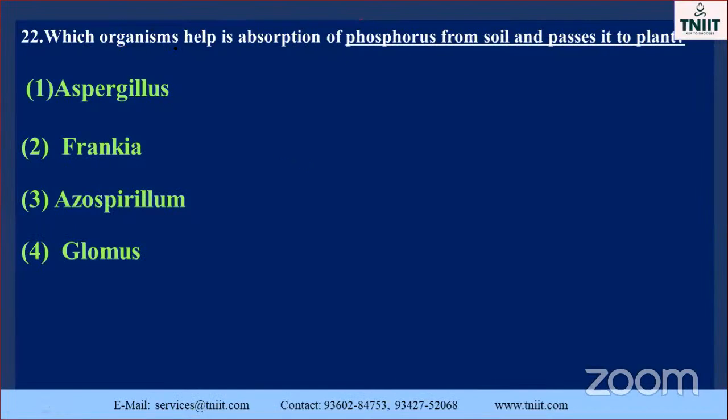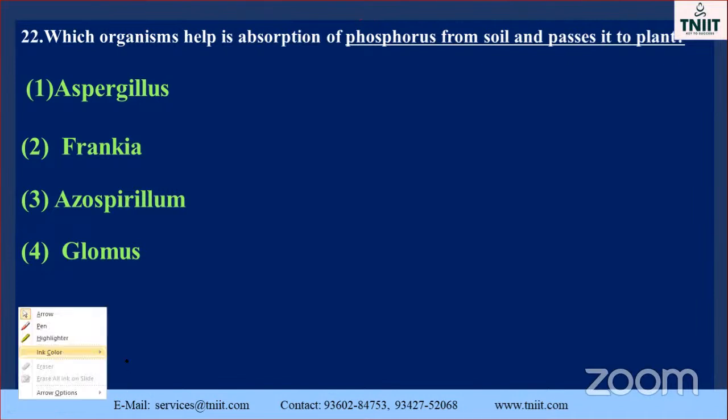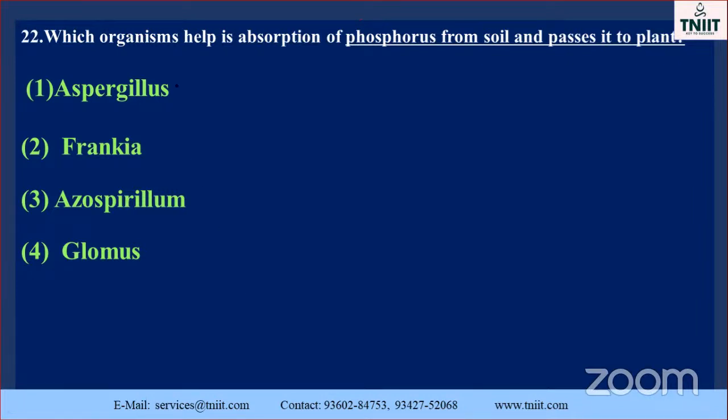Next one: which organisms help in the absorption of phosphorus from soil and pass it to the plant? Phosphorus, okay, they ask the question. See the options. Which one is different in this category? Aspergillus is a fungus. Frankia is a nitrogen fixer in non-leguminous plants. Azospirillum.